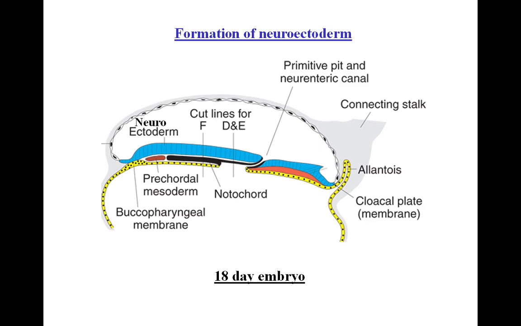So in neurulation, some changes will occur in the neural plate. This neuroectoderm is now known as the neural plate, and this neural plate is then converted into a closed neural tube. That process from the neural plate to the closed neural tube is known as neurulation.